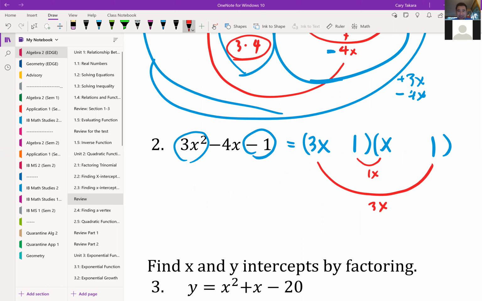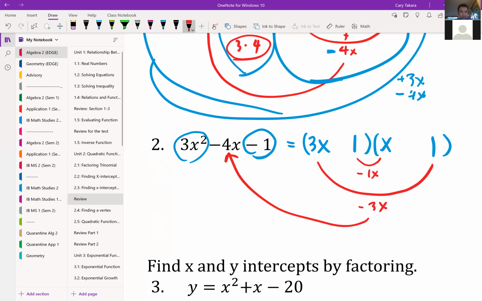Okay. How did you guys do? Were you able to factor this? Am I missing something? Yeah, it's not 15, right? If you make both of them negative, it will become negative 4x.